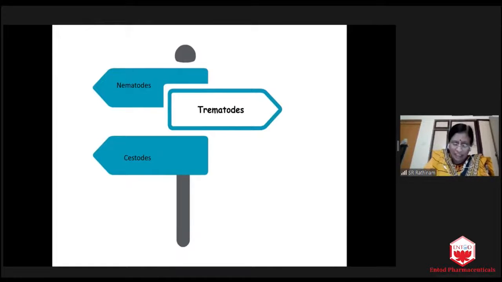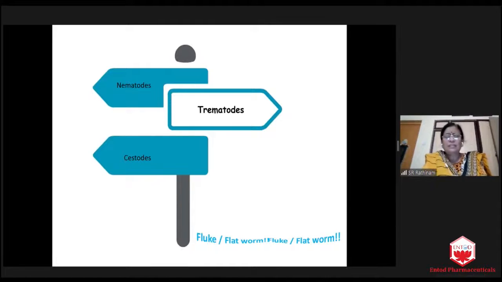All others might not have seen. This is called a fluke or flatworm infection. This is quite common in South India, Sri Lanka, Southeast Asia, Egypt, as well as in Brazil. So internationally it is seen, especially along the equator.